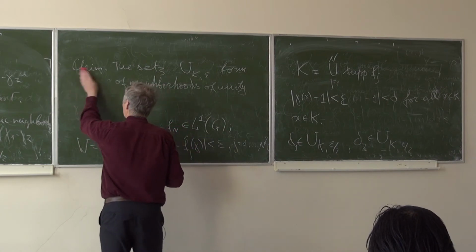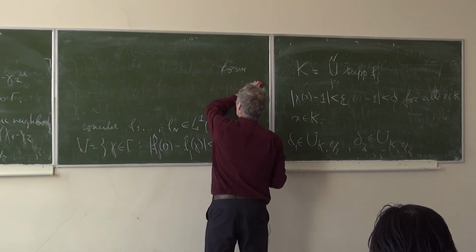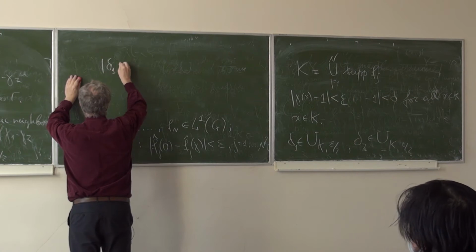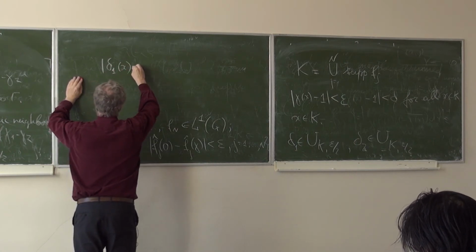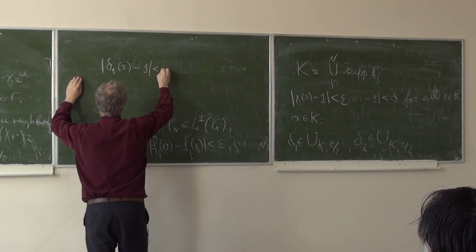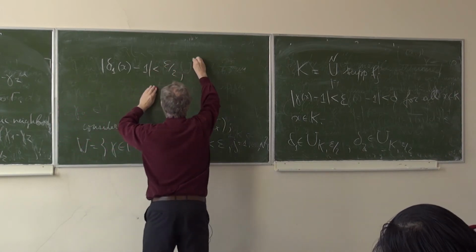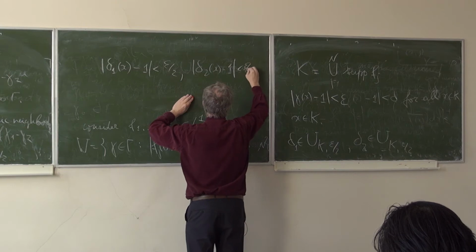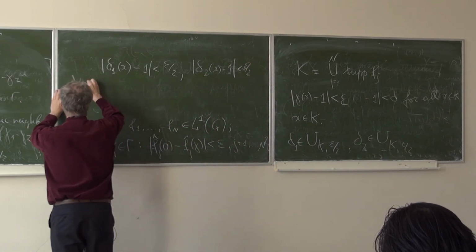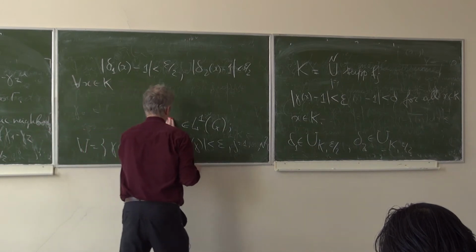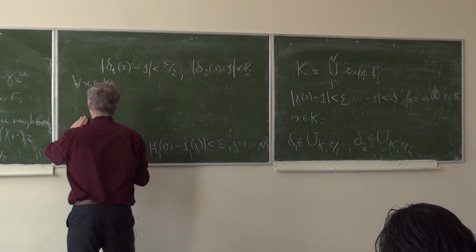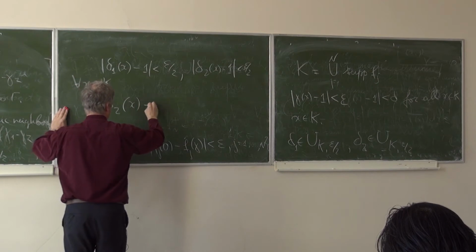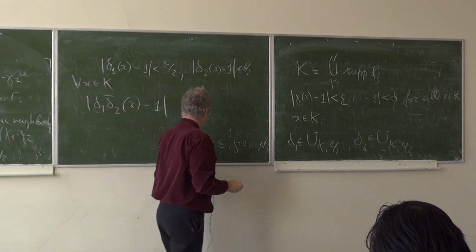This means that, and after that, if we take the difference, the difference is delta 1 times delta 2 bar of x, and we must estimate this thing.